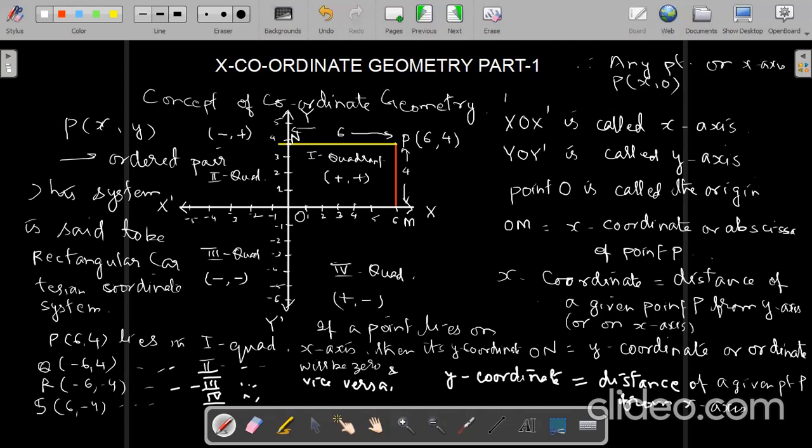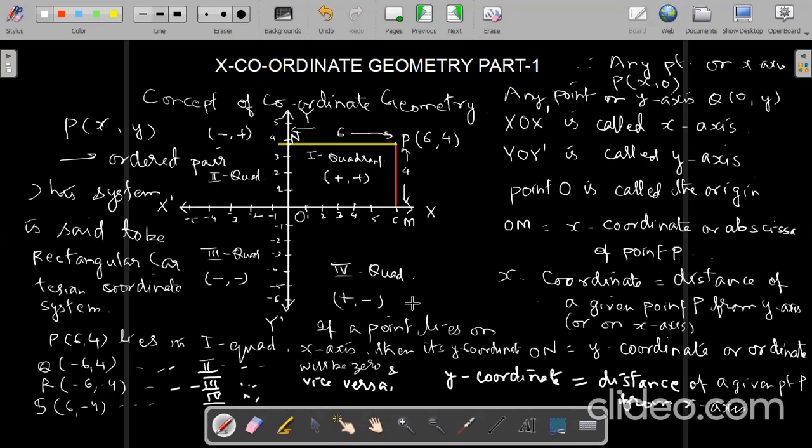Similarly, any point on the y-axis can be written as (0, y). So if the x coordinate is 0, it will lie on the y-axis. If the y coordinate is 0, it will lie on the x-axis. This is called the Cartesian coordinate system, and our whole chapter is based on it.